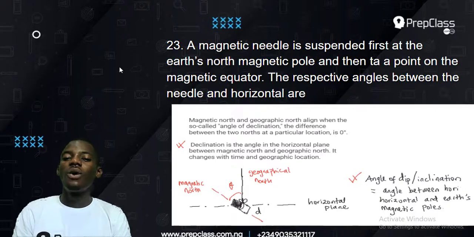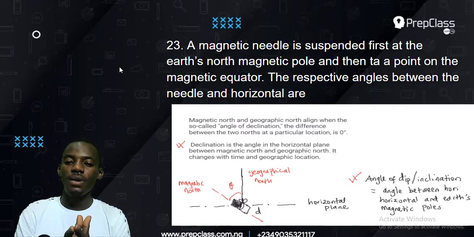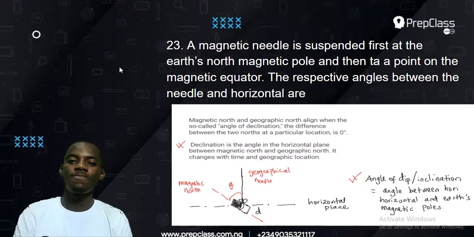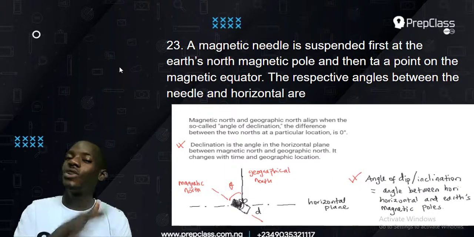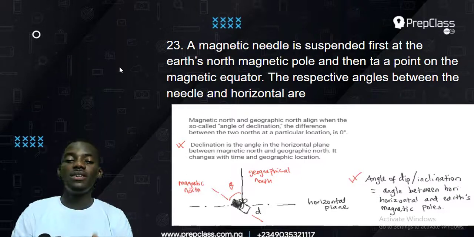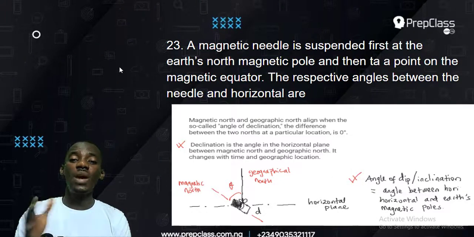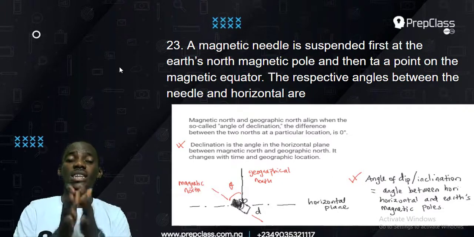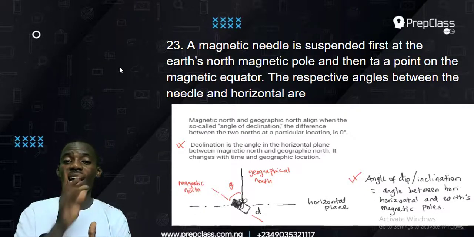Now for you to answer this question, it says the Earth's north magnetic pole. You know, we have the normal north, the north pole. Then we have the magnetic north. They are not the same. The actual north of the 4 cardinal points, north, east, south, west, is my north.